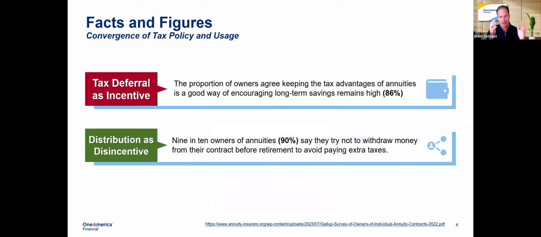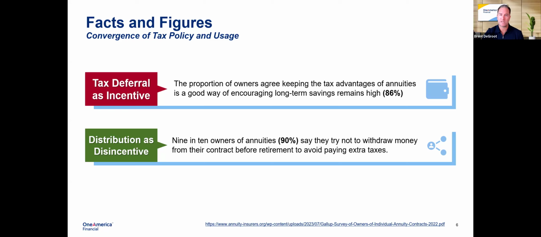They saw this as: I could put some non-tax dollars, or after-tax dollars I should say, into an annuity and just let it grow for years. All of that gain, though, becomes taxable when they start taking distributions. So you can see the tax deferral as an incentive was a great reason to do so. And it remains very high for some Americans planning this way as well.